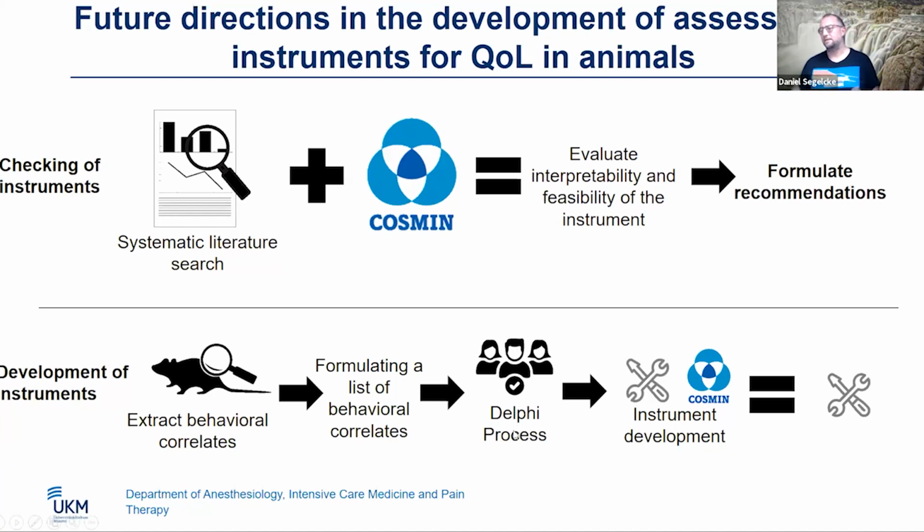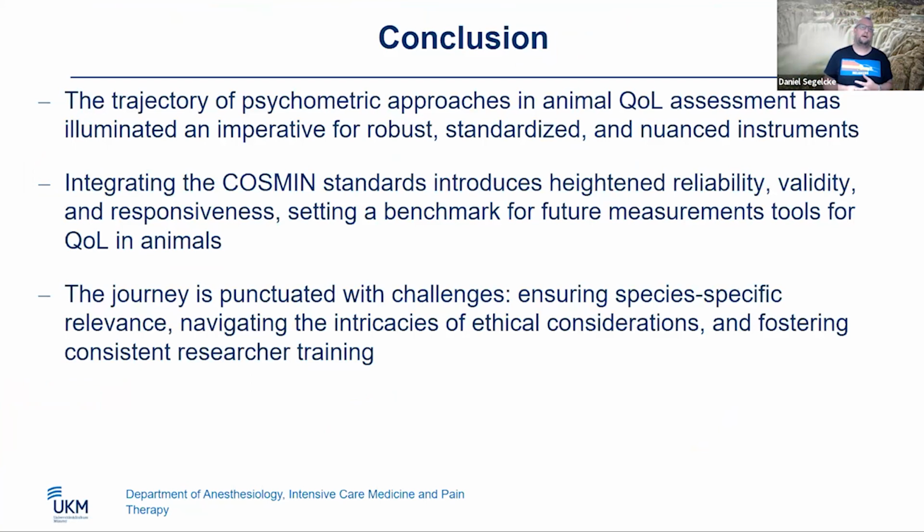A Delphi process is an expert consensus process. In this process, experts could say, okay, this behavior correlate is a surrogate marker, for example, for pain or for grooming or for well-being and so on. And based on this Delphi process, we could develop instruments related to the COSMIN guidelines to have better instruments in the future. This brings me to my conclusion.